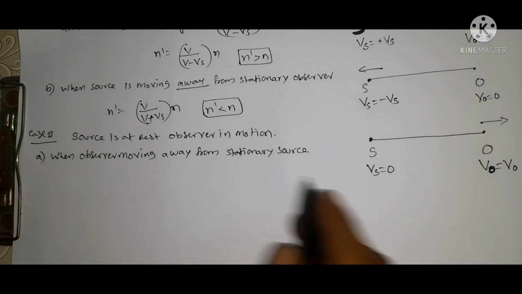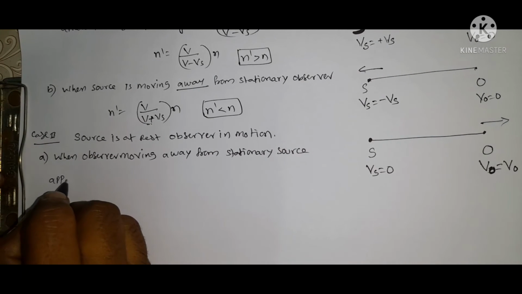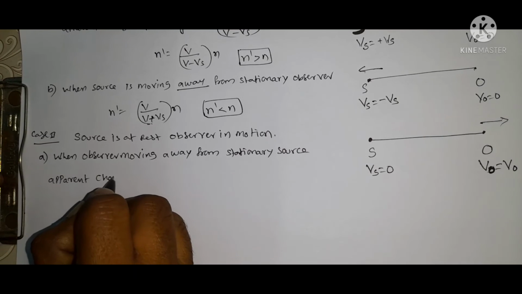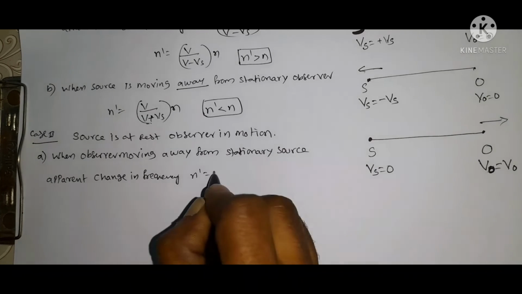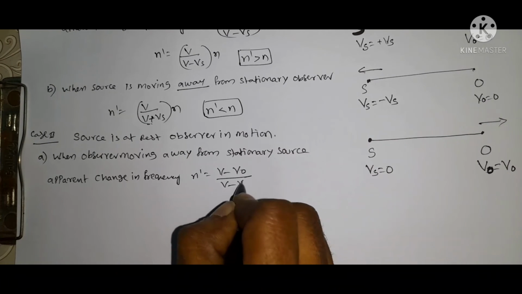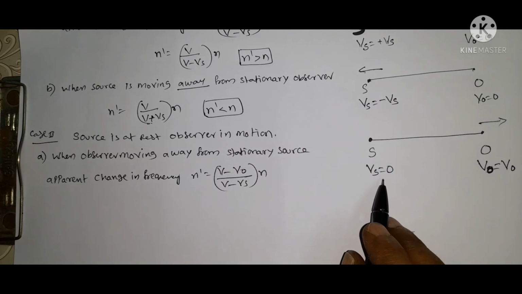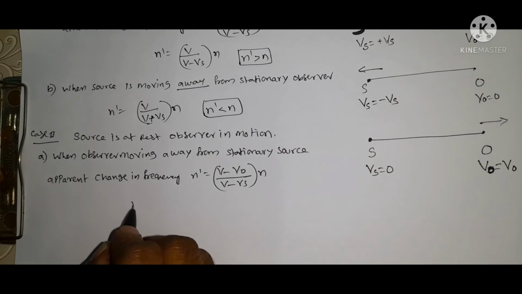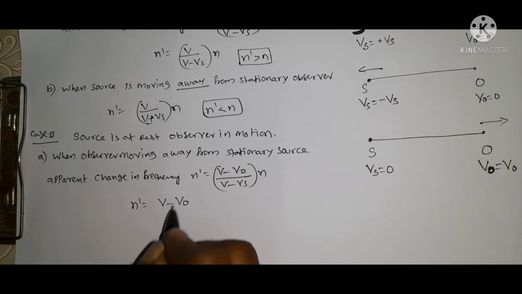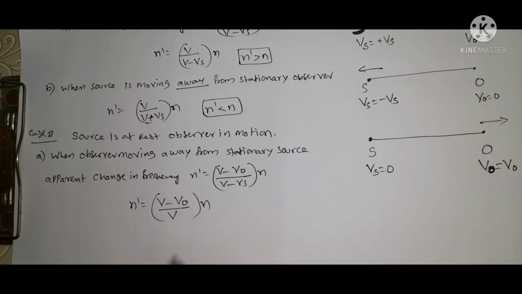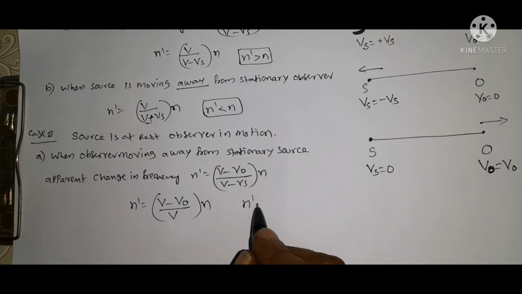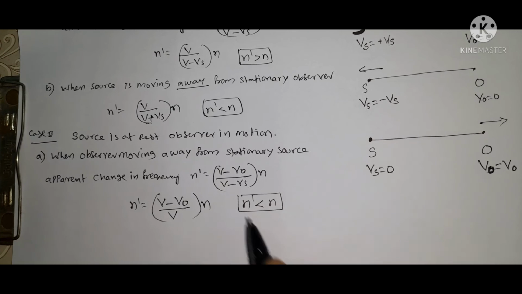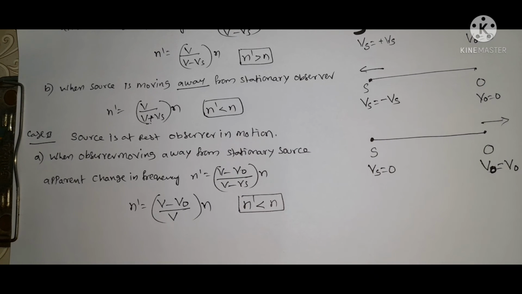As you know, the apparent frequency formula is n dash equals V minus V0 by V minus Vs into n. Vs is 0, so we get n dash equals V minus V0 by V into n. The denominator is the larger value and the numerator is V minus a value, which is less. Then n dash is less than n; that is, the apparent frequency is less than the original, fundamental frequency.